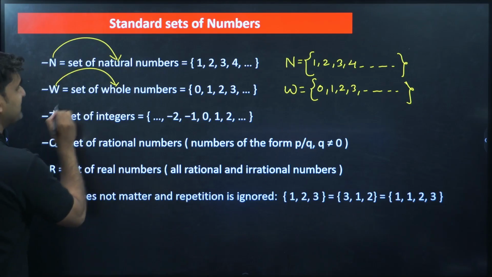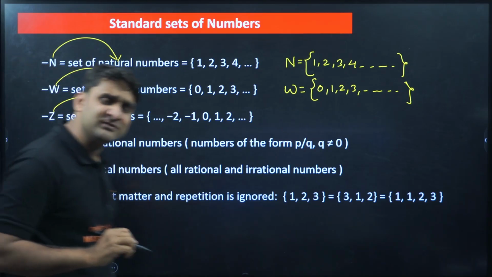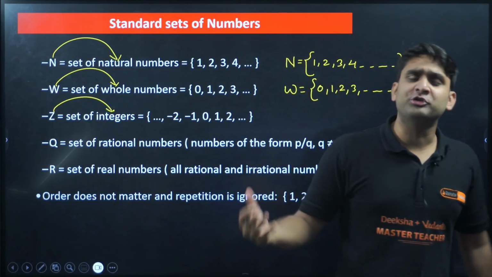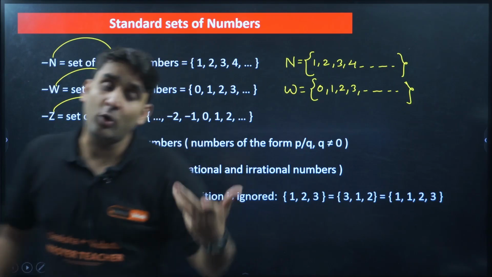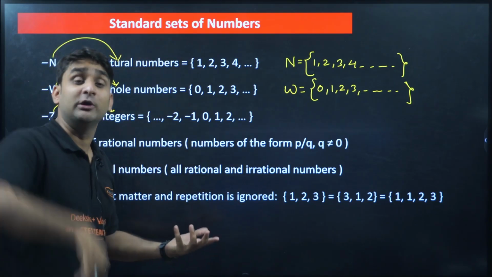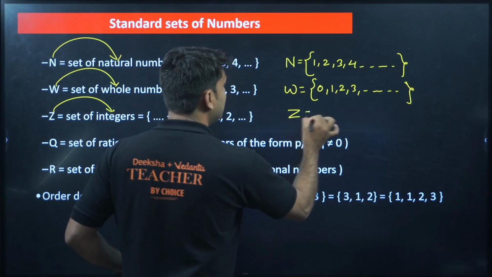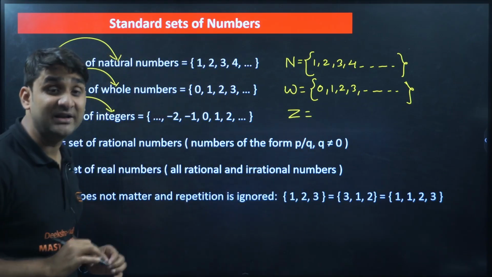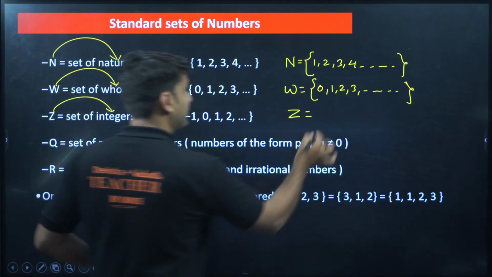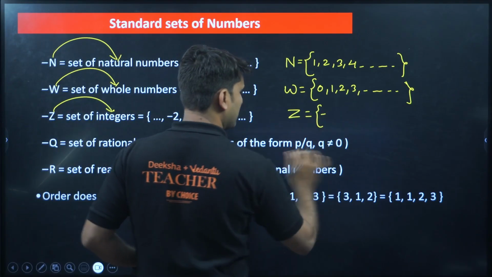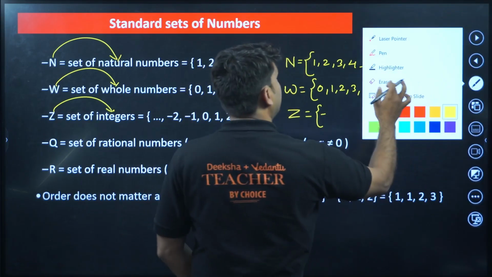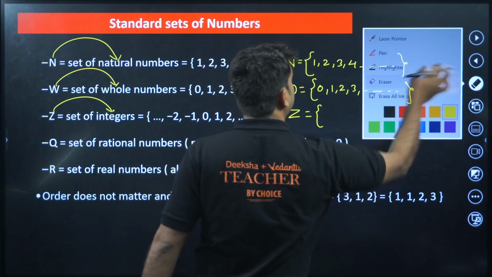Now Z represents the integers. Do you know integers? All the negative values and positive values including 0 are integers, and integers are represented as capital Z in the number system, right? So all the negative values go till minus infinity.